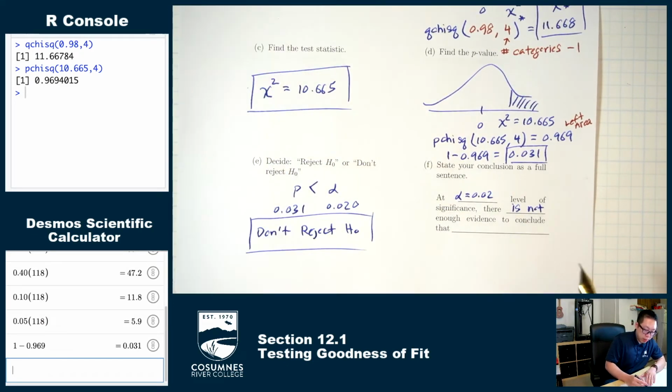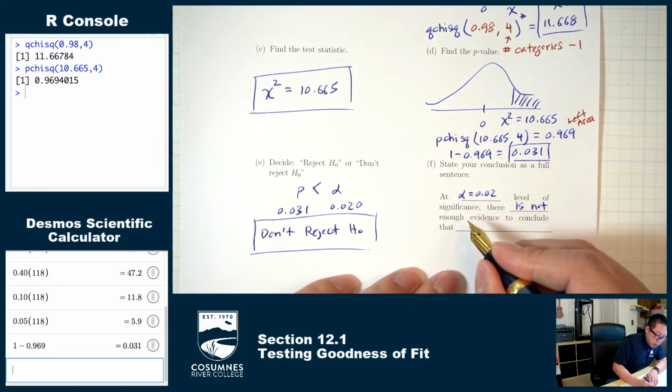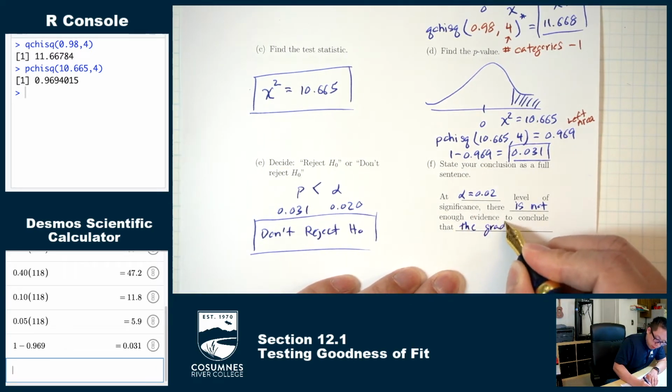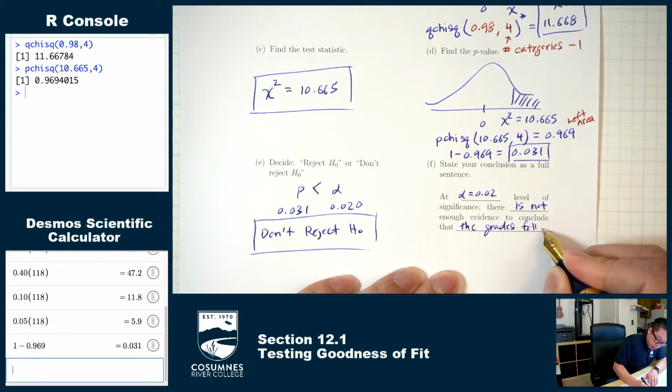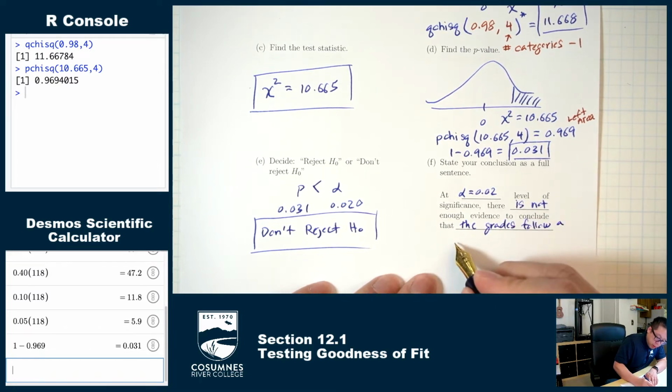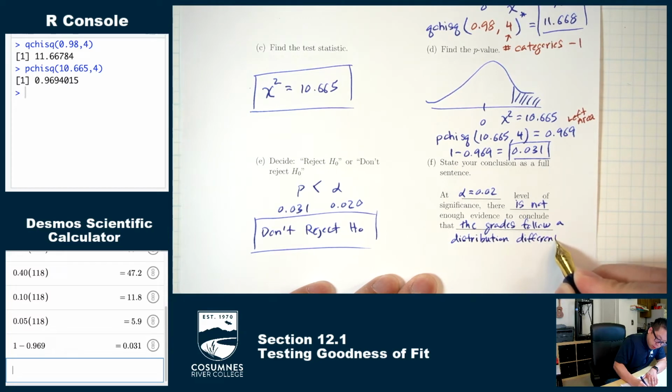So there is not enough evidence to conclude that the grades follow a distribution different from the one claimed by the professor.